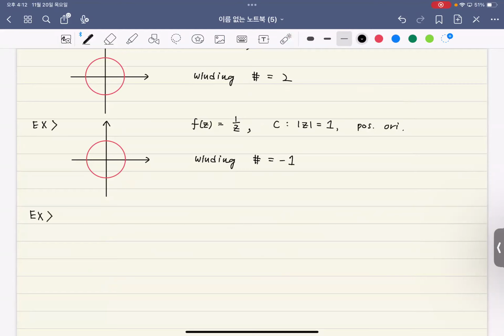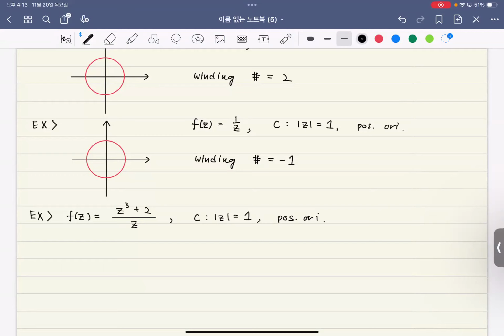Should we try something more complicated than this? Like this one. Now, the behavior of the image curve is not easily visualized, but can you get the winding number of this function about the curve C?